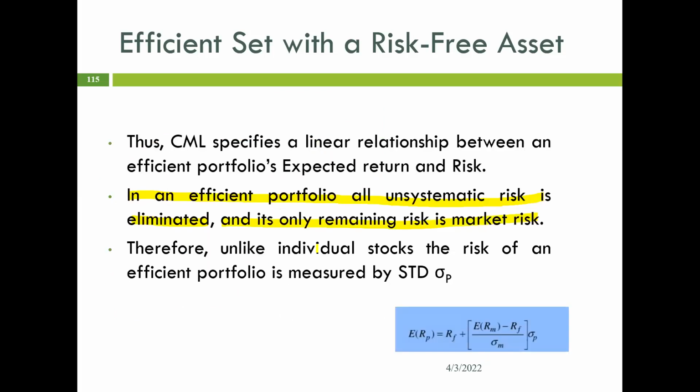So therefore, unlike an individual stock, the risk of an efficient portfolio you can measure by standard deviation. In this, the standard deviation shows only the systematic part because this is an efficient portfolio. Inefficient portfolio එක නම් අපිට ඒක ගන්න බෑ. මොකද inefficient portfolio එකේ unsystematic risk එකකුත් තියෙනවා.